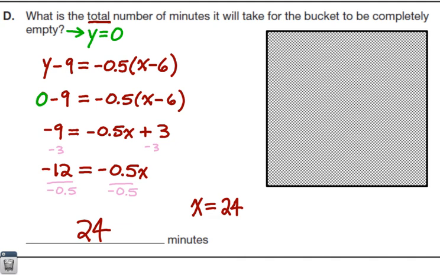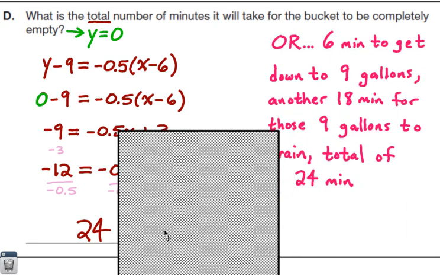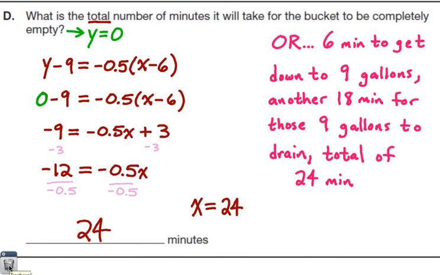But if you attempted this on your own before watching the video, which you should have, maybe you just figured out in one way or another that it took 6 minutes to get down to 9 gallons because of the rate, keeping in mind what the rate of drainage is here.